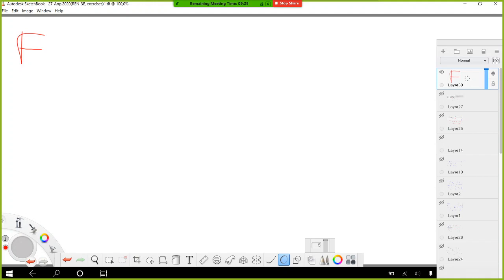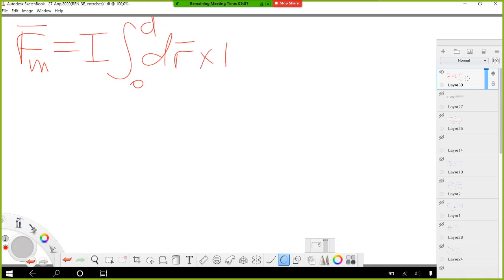Okay, force, magnetic force, as we did in the previous problem, from 0 up to D. dr cross b.